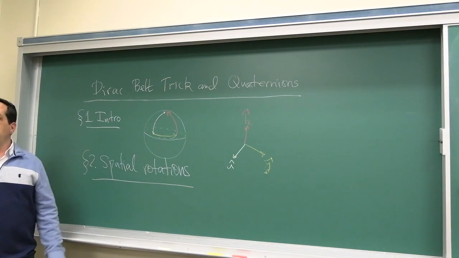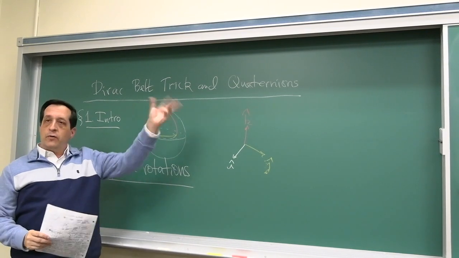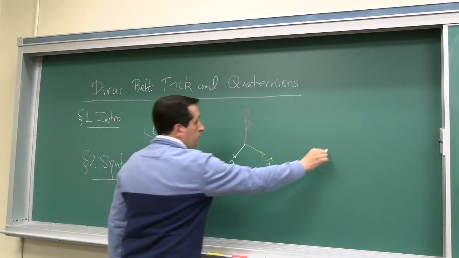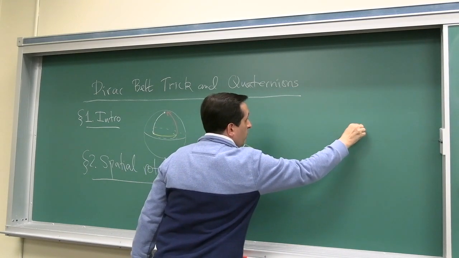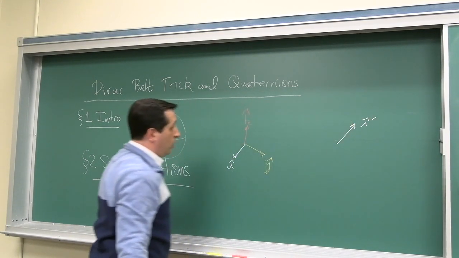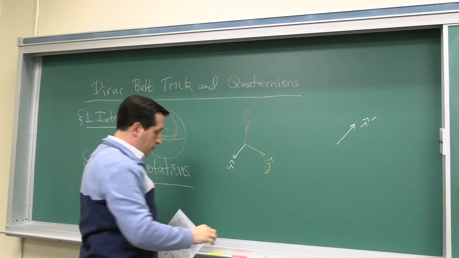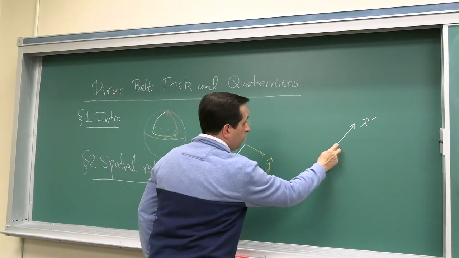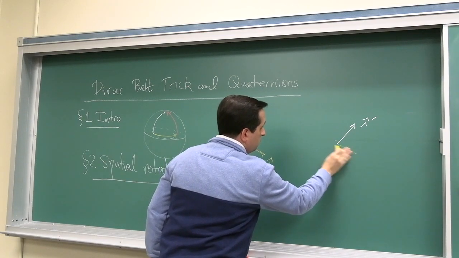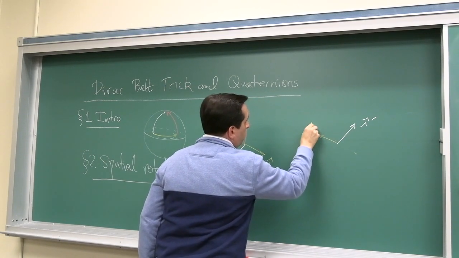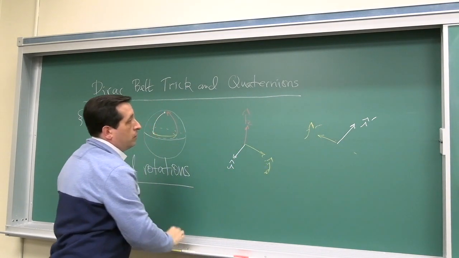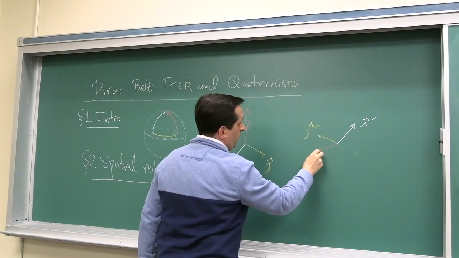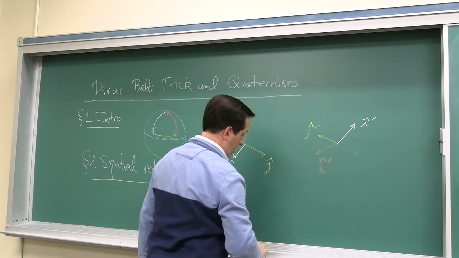So let's say you start here, and now you spin it around in space, keeping this point fixed. Maybe the next time around the I will be this way, I'll call that I prime, and maybe the J will be pointing, let's say, that way, call that J prime. I, J, and then K will be out of the board, and so then you would have your K prime that way.